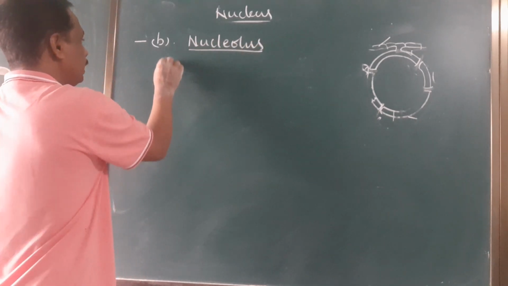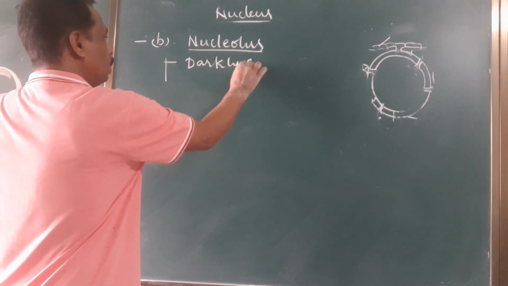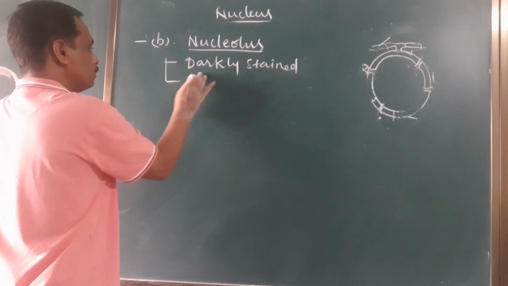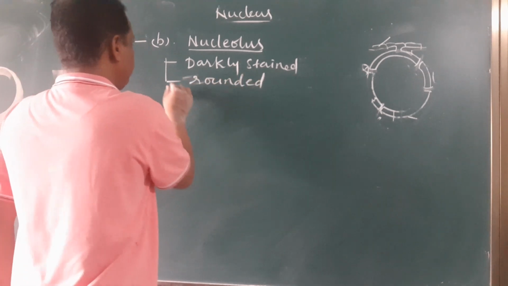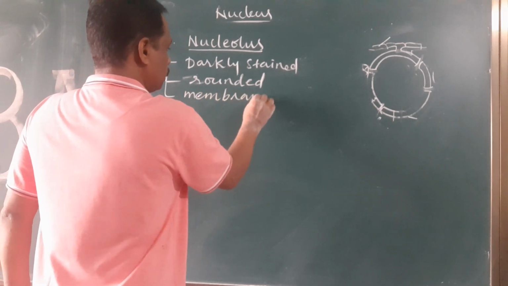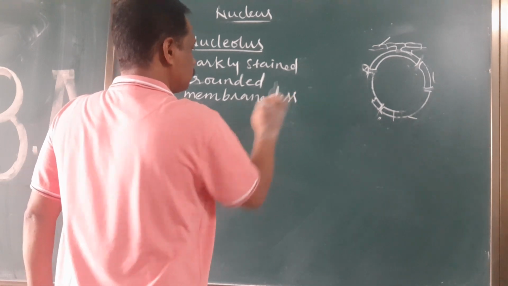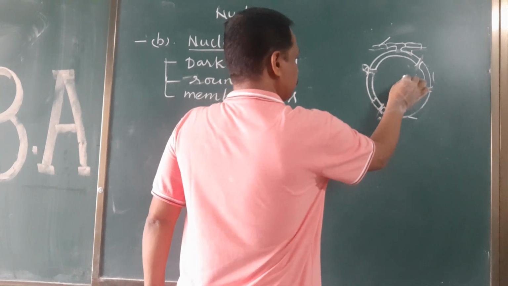The nucleolus is a darkly stained, rounded, membraneless structure which is present in the nuclear plasm of a nucleus.